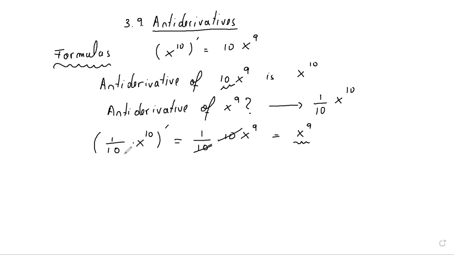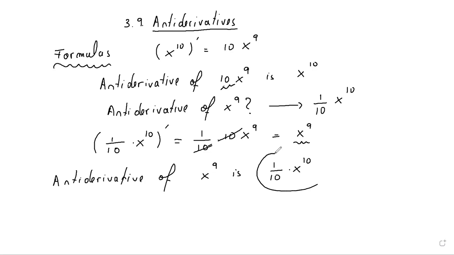So that's the answer. And let's write it down nicely here. The antiderivative of x to the 9 is 1 over 10 times x to the 10. Excellent. So if that's the case, can we derive a general pattern?